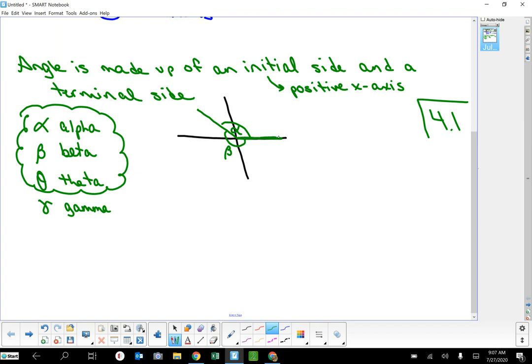So an angle is made up of an initial side. That initial side would be here, and a terminal side. Angles can be positive or negative. A positive angle is if it goes in a counterclockwise direction.